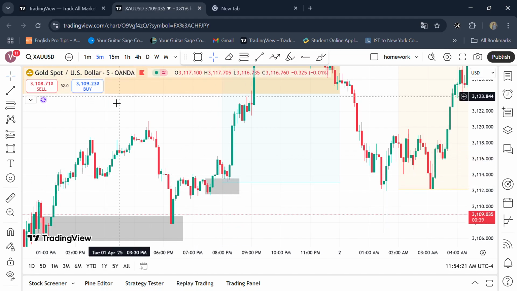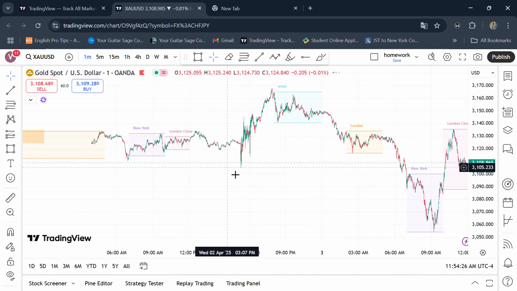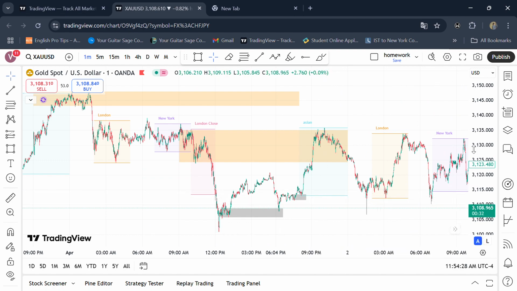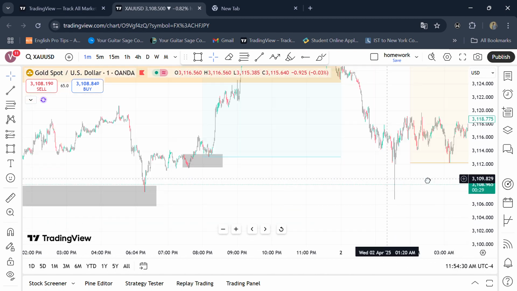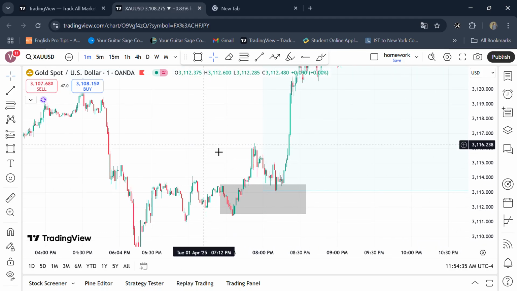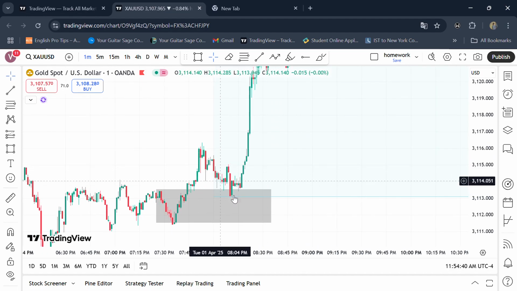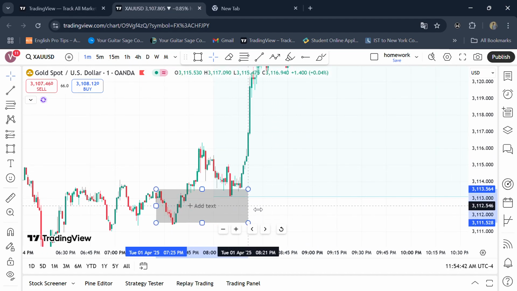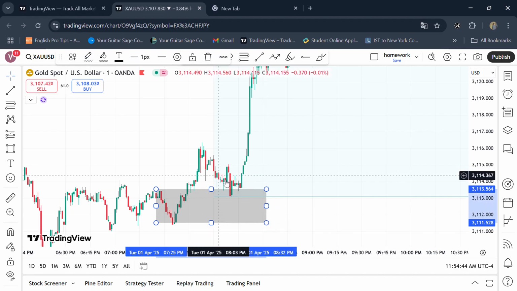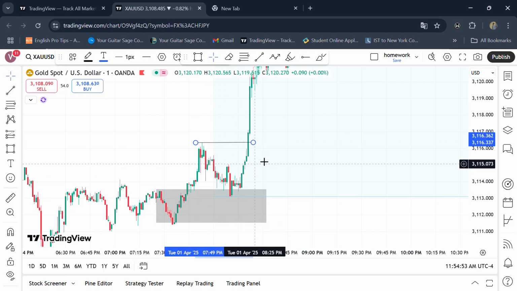Now if we go even lower on the 1-minute time frame, you will find your entry, because since this 5-minute order block got created, then to ensure and confirm your entry, either you could have waited for this market structure shift, because it did not take the order block, it only took its FVG.